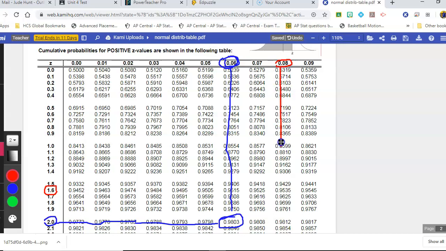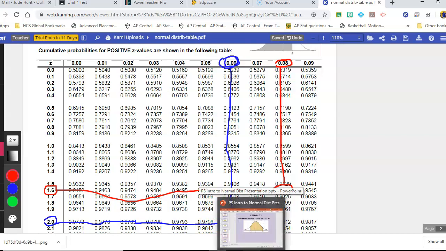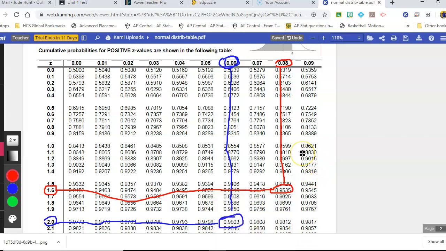We go all the way over from here, and there is my value for 1.68. That is 0.9535. We're just going to set that 0.9535 to the side for a moment.